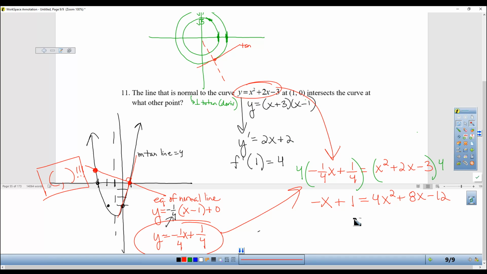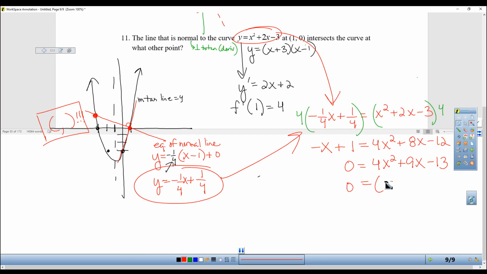Whenever I see an x squared in my equation, I set it equal to 0. This becomes 9x, and this becomes negative 13. And I factor. Now, I would normally try 2 and 2 first, but I don't know if you guys can see already that the 4 and the 9 make 13. So I'm going to leave it as 4 and 9 so that I can make negative 9x.